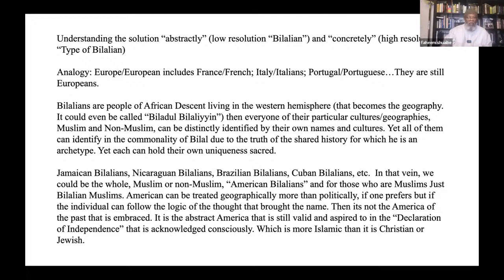Okay, yes, that was it. They were all men of their time, and yes, they had slaves, whoever among them who did, etc. But that is not a lie. It is a fact that all men are created equal and endowed by their creator with certain unalienable rights. We subscribe to that, and it's more Islamic than it is Christian or Jewish. So we're not going to throw that baby out with the bathwater.